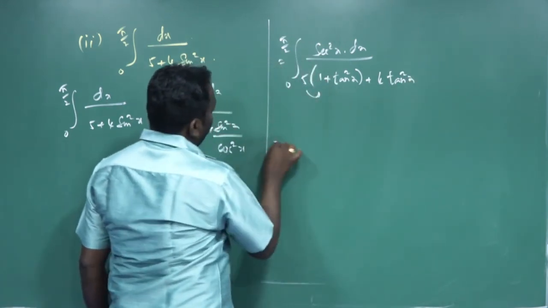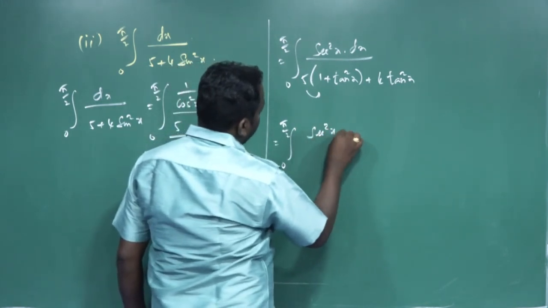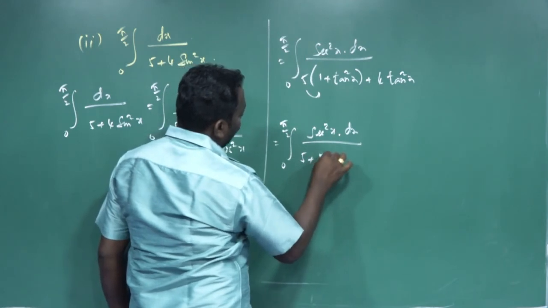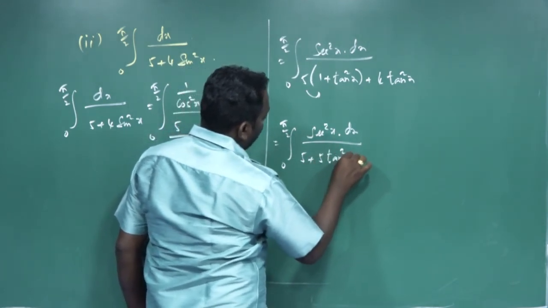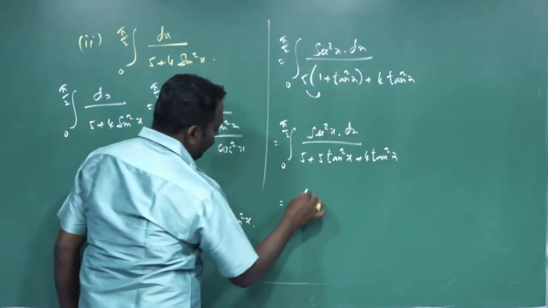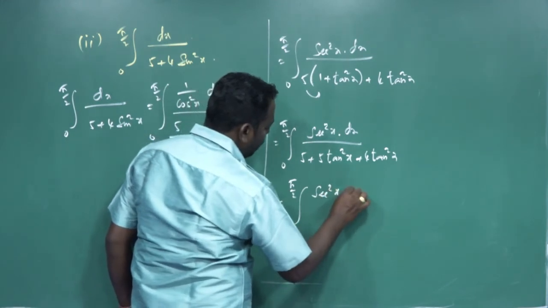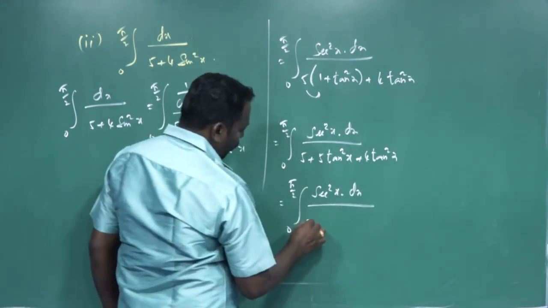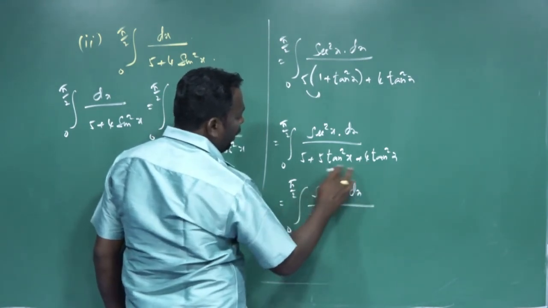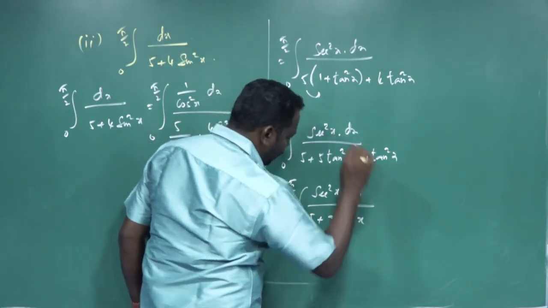Multiply 5 into the bracket: 5 plus 5 tan² x plus 4 tan² x. That is equal to the integral from 0 to π/2 of sec² x dx by 5 plus, adding the like terms, 5 plus 4 equal to 9 tan² x.